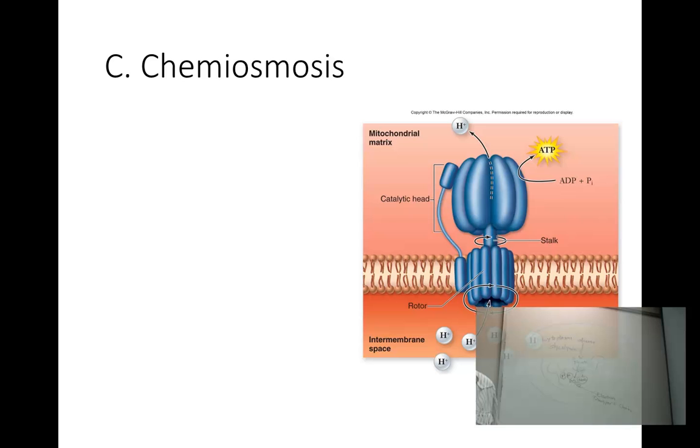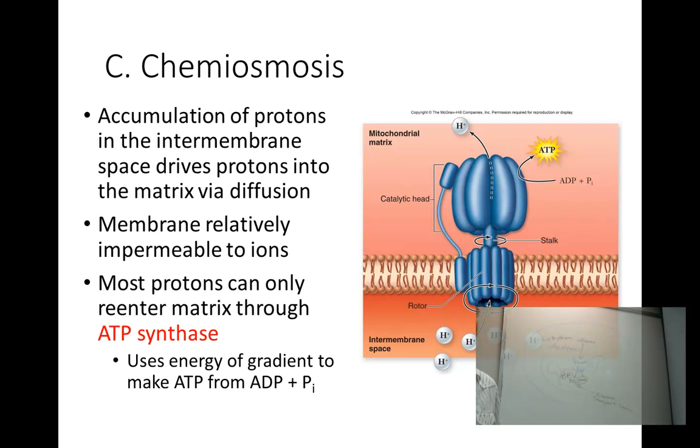So chemiosmosis is this process of putting all these protons on one side, and then as they pass through ATP synthase, they convert ADP into ATP.